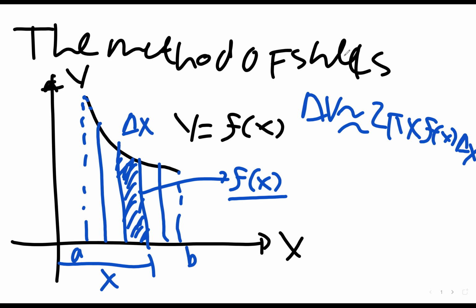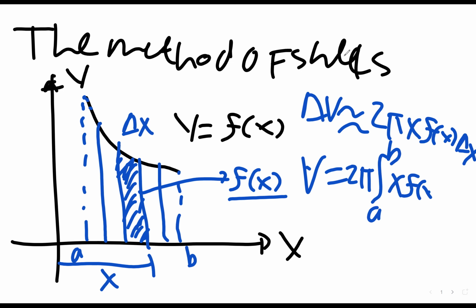And then, after taking the summation and the limit, you have V equals 2 pi integral from a until b of x f of x dx. So that's the general formula for this one.